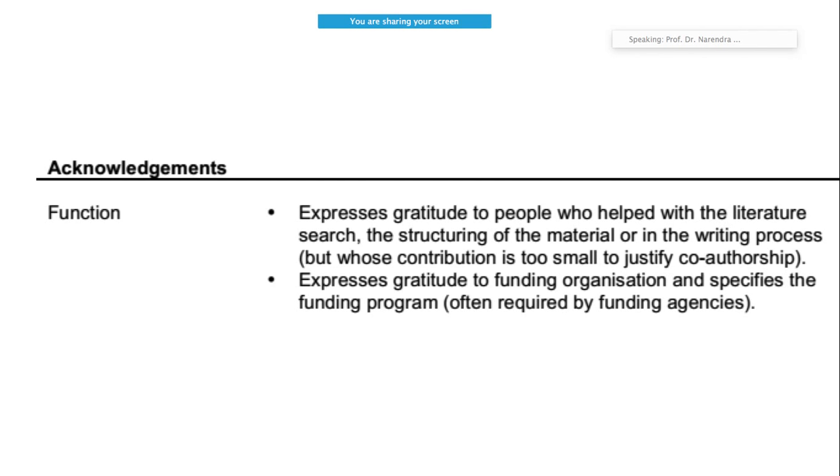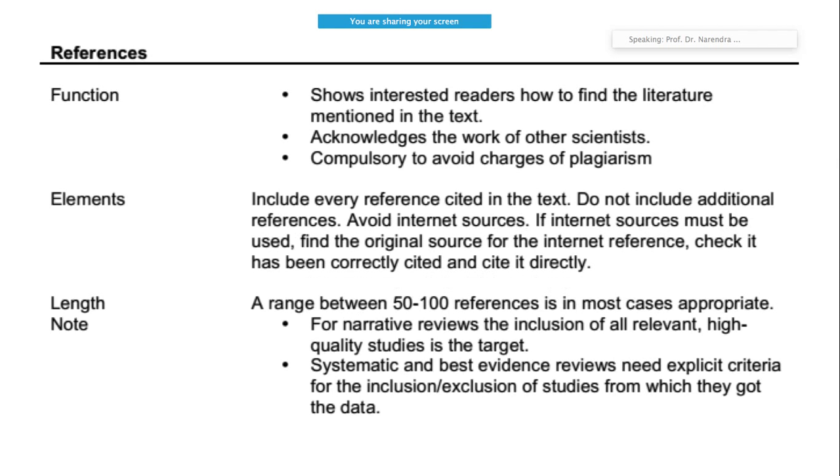The people who have contributed in a big way, you need to put them as co-authors. But the people who did not contribute so much, you should write in the acknowledgement. You need to express gratitude to the organizations which helped you to fund, and also specify the funding program.